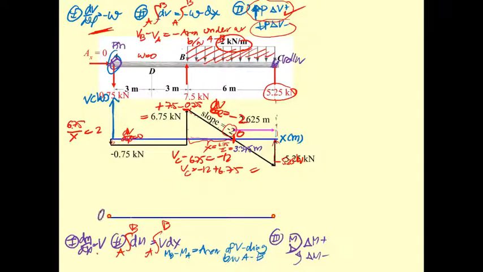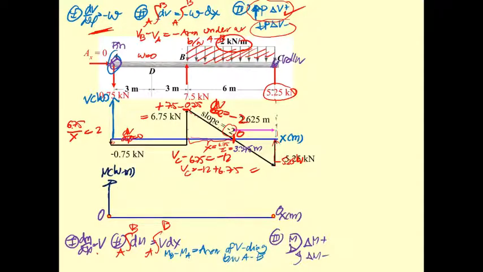The horizontal axis is x in meters, and the vertical axis is M in kilonewton meters.